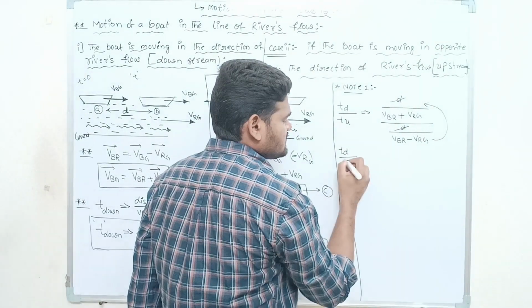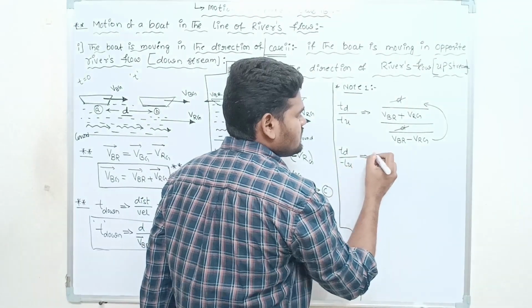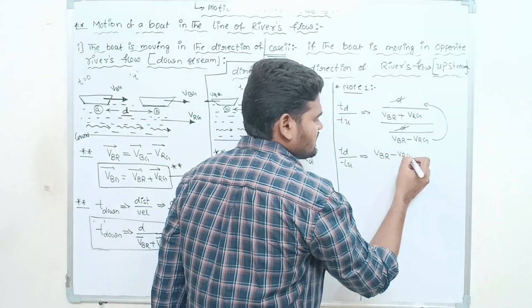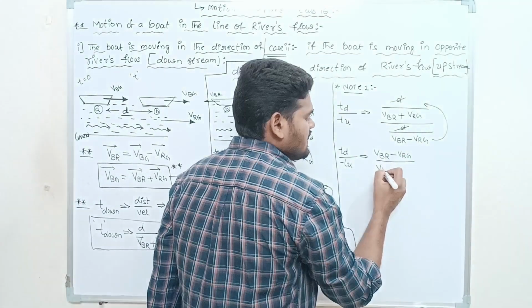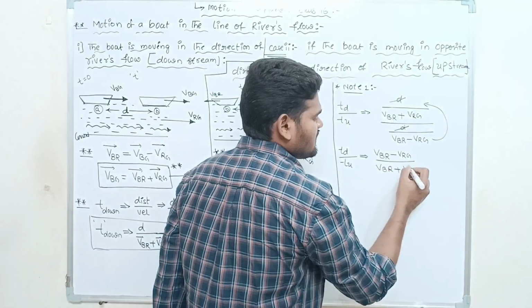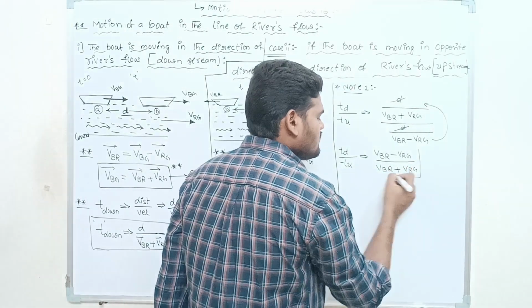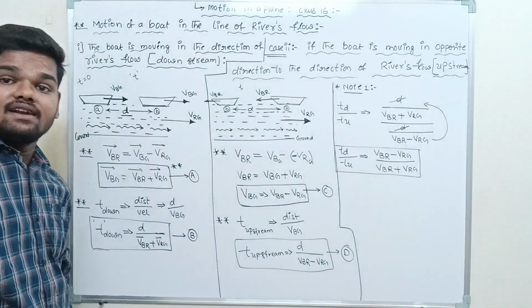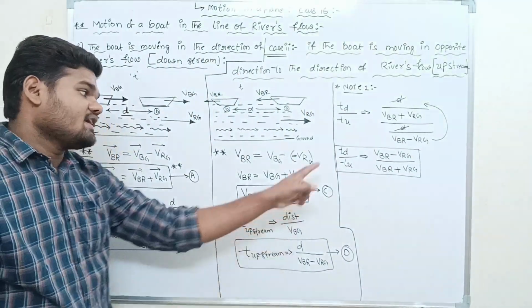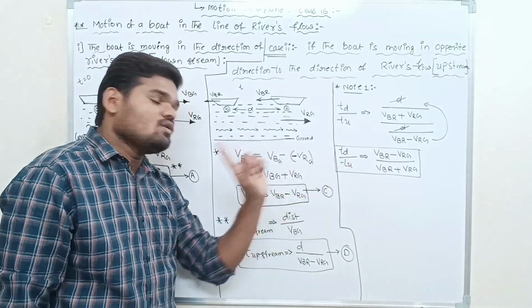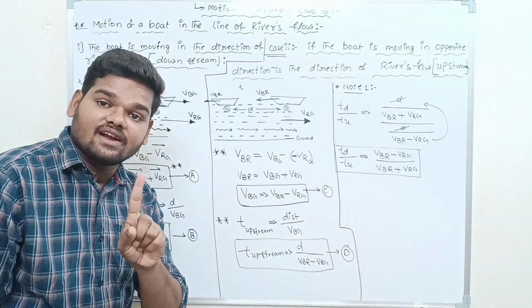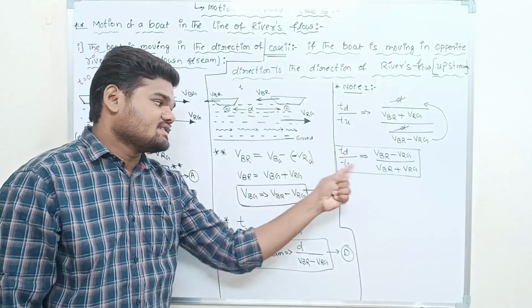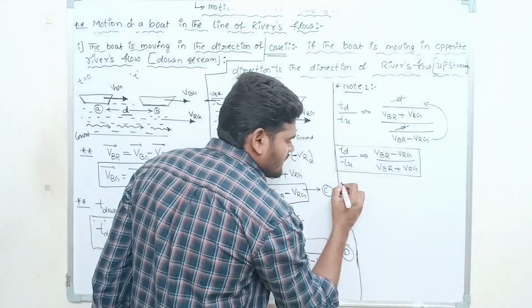So time of downstream by time of upstream is equal to velocity of boat with respect to river minus velocity of river with respect to ground, divided by velocity of boat with respect to river plus velocity of river with respect to ground. This is the ratio of time taken to cover downstream to upstream. Are you getting any difficulties there? From these formulas I have just written the ratio of time of downstream to time of upstream. That's it.